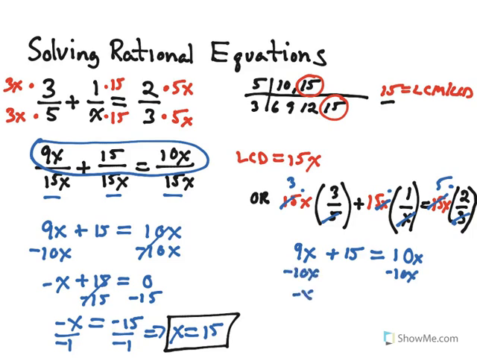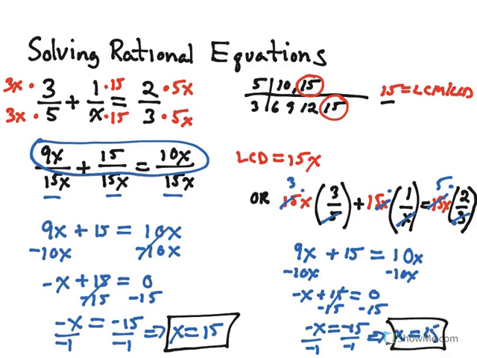That gives you minus x plus 15 equals 0. And then we subtract the 15. So you get minus x equals minus 15. But remember, we're dividing by a negative 1. And that's going to yield x equals positive 15. So we ended up getting the same solution as we did a moment ago.